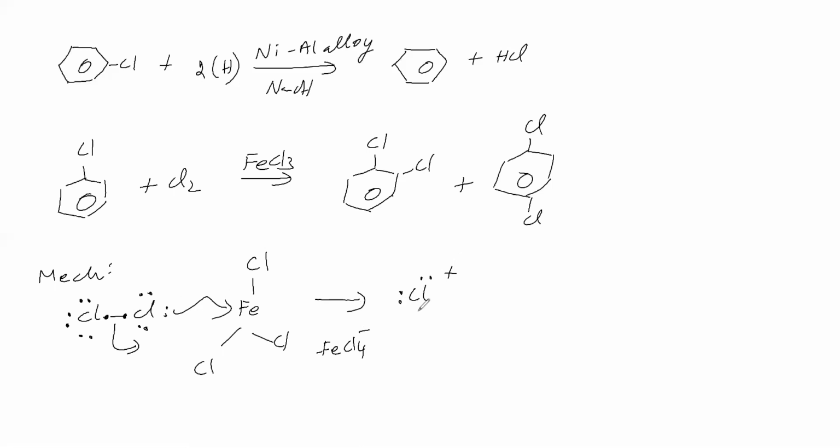The Cl plus has 6 electrons, that means the electrophile is generated. This electrophile attacks the ortho position, therefore we will get the ortho compound, and it attacks the para position, therefore we will get the para compound. That means this chlorobenzene undergoes electrophilic substitution reaction, in which the electrophile is Cl plus.